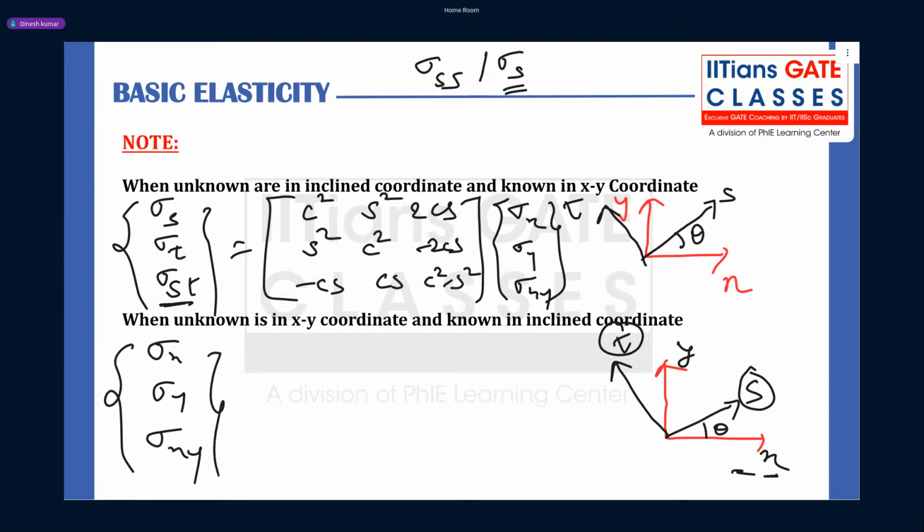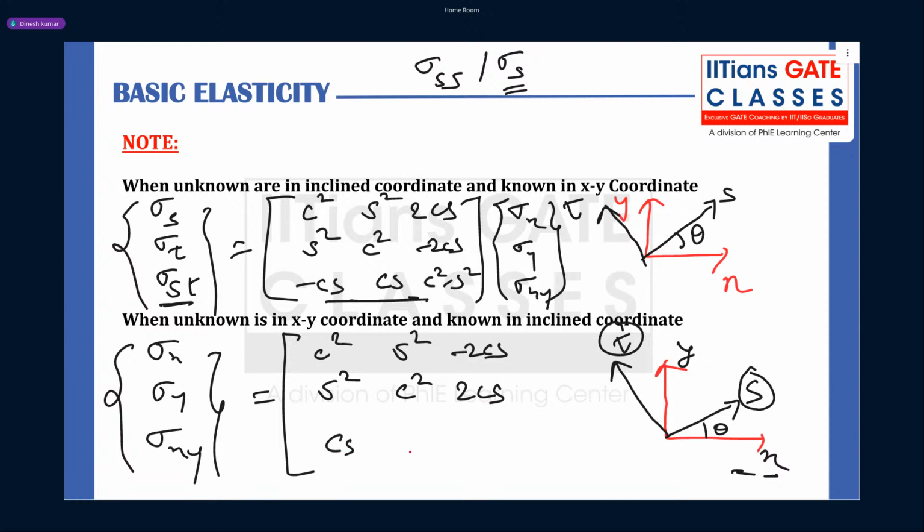So in that case, what we have to do is take the inverse of this matrix. If you take the inverse of this matrix, it will simply be c square, s square, minus 2cs; s square, c square, 2cs; cs, minus cs, c square minus s square.